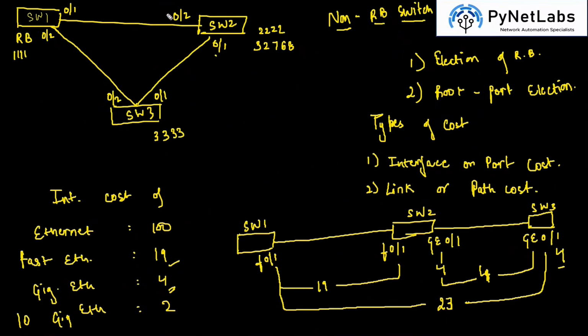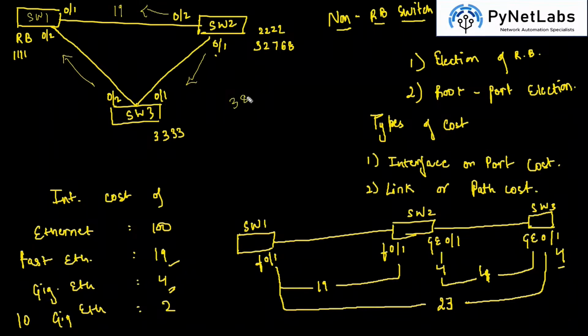The first one is from FA0/2, which goes from here and directly reaches switch 1. And the other one is this, right? I want you guys to answer this: the cost to reach switch 1 from switch 2 is 19, and from switch 2 to switch 3, then from switch 3 to switch 1, it is 38. Tell me, am I right here?